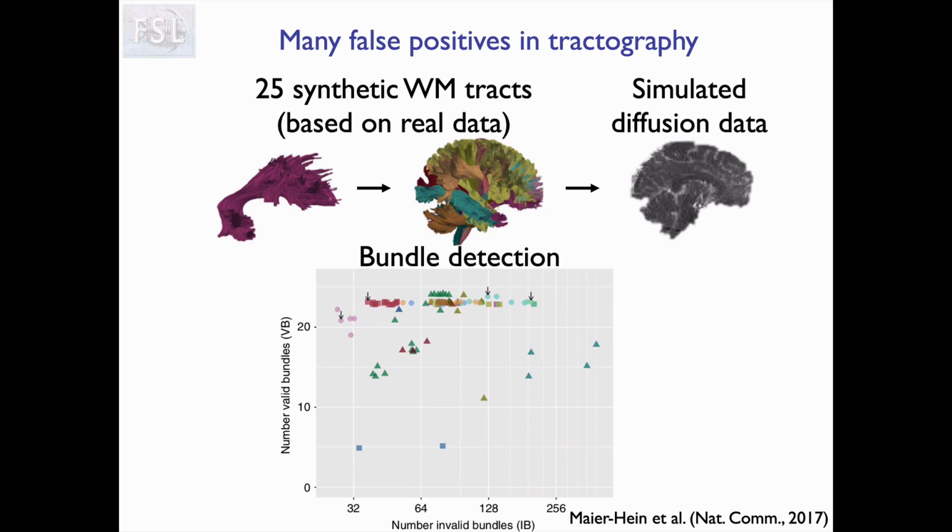So we were sure that any other tracts which tractography found was a false positive, in that there was not actually a connection between two regions, even though tractography found it.